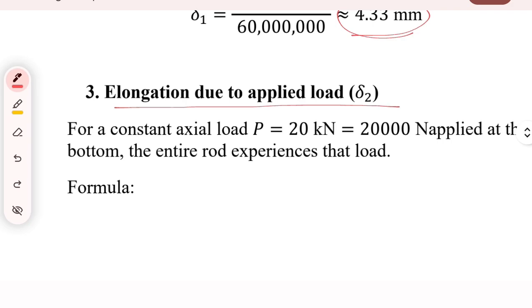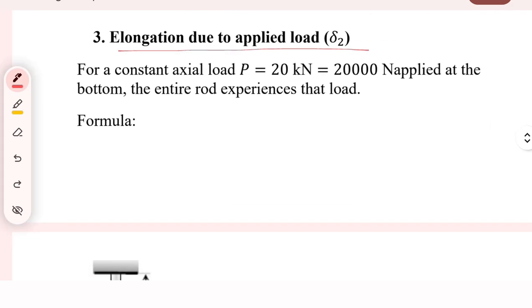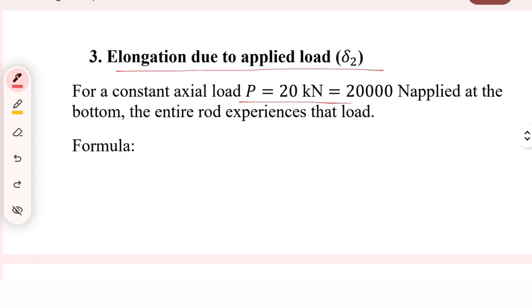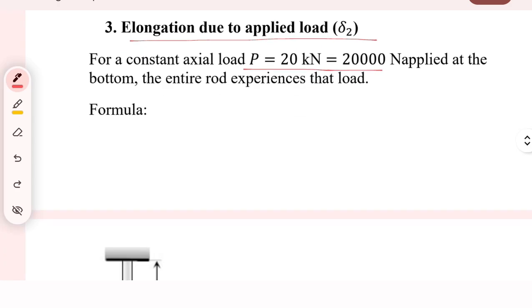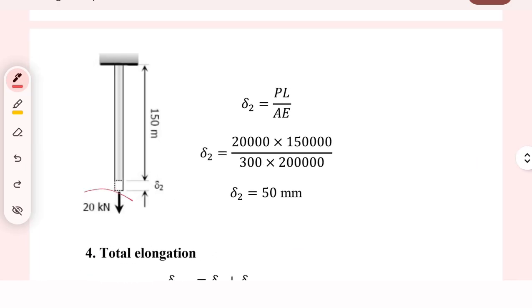So this is elongation number 2. This is the application of P at the end of the rod. We have P already. We need to convert it into Newton instead of kilonewton. So here's the application of the load P at the end of the rod. Again, it's the same formula, PL over AE.